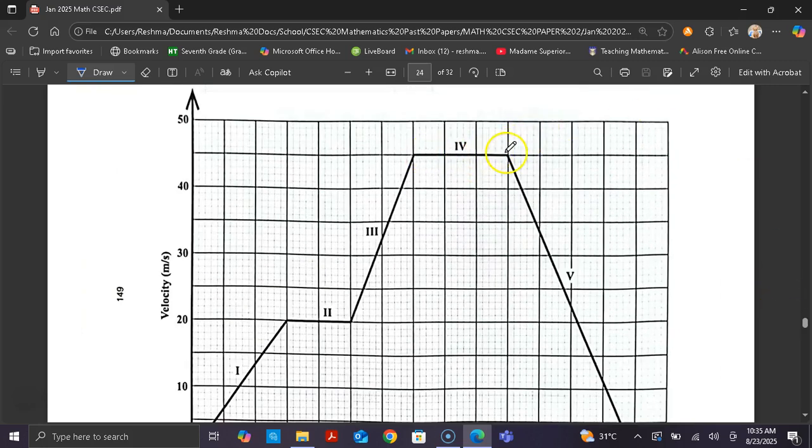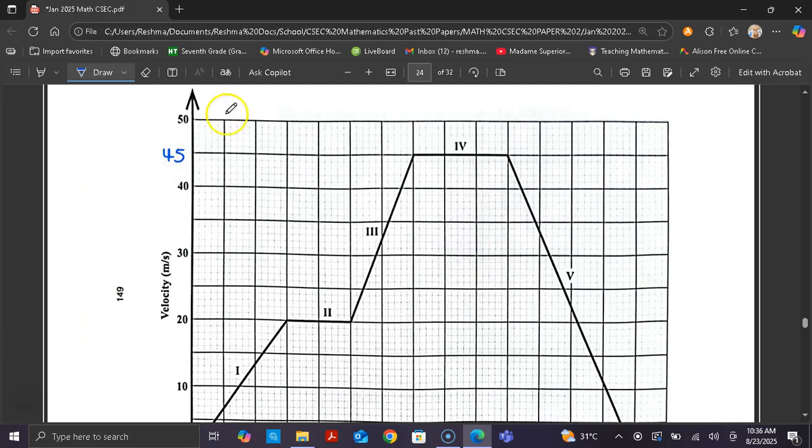Stage 4 of the journey is this flat horizontal part of the graph, and of course this means that the car is traveling with a constant velocity, because remember on the y-axis we have velocity plotted. If we go across to the y-axis, we can read off what that constant velocity is, and it is 45, which is midway between 40 and 50.